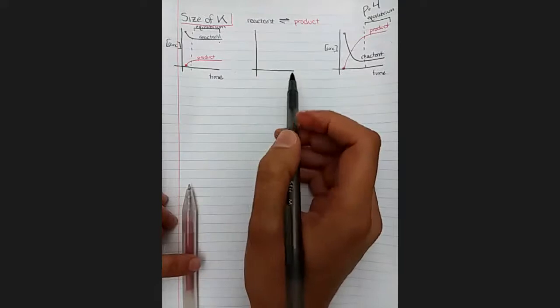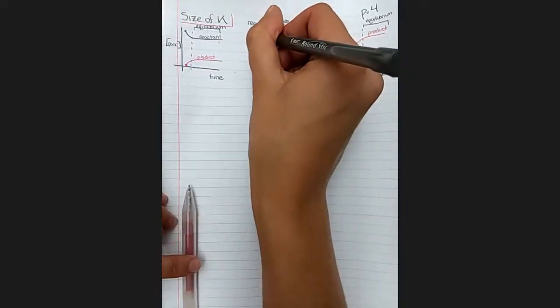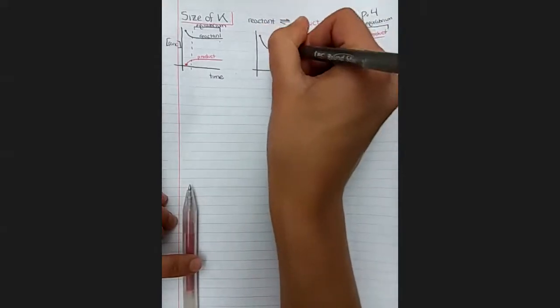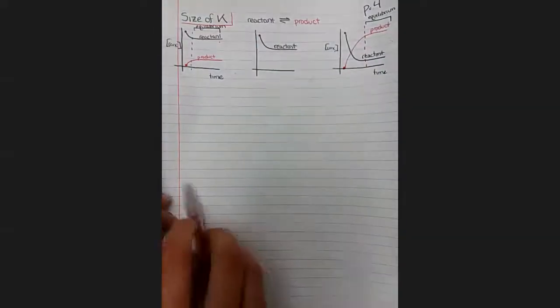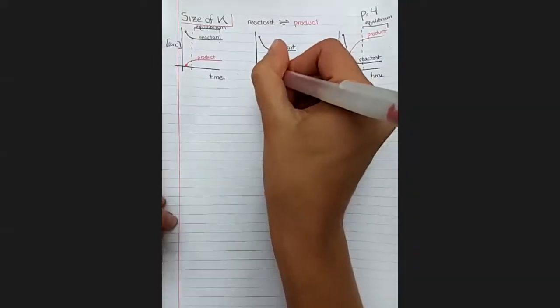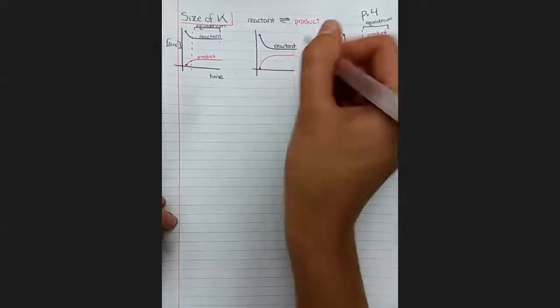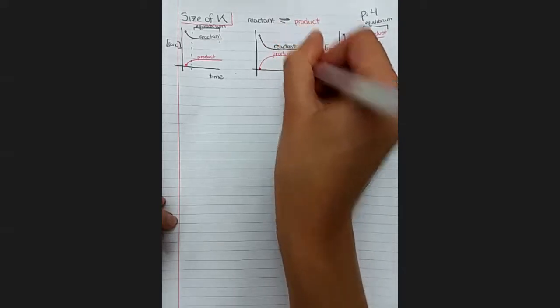And so now let's draw one in the intermediate range. We start with mostly reactant, and we lose a lot of it, but not all of it. There's still an appreciable amount of reactant left at equilibrium. And we'll say we started at zero product and we formed a fair amount of product. And we have a fair amount of that present at equilibrium.